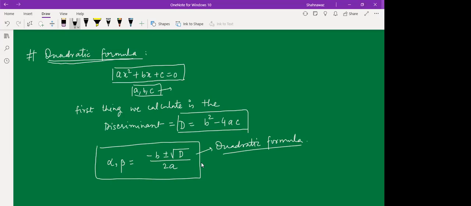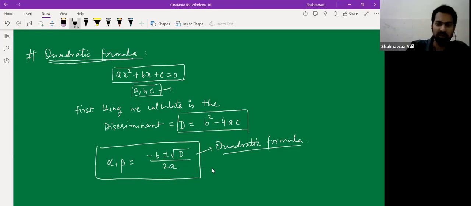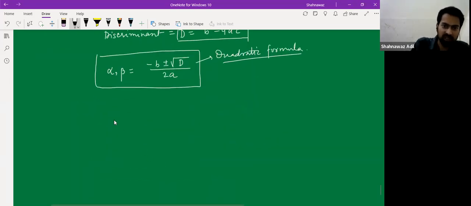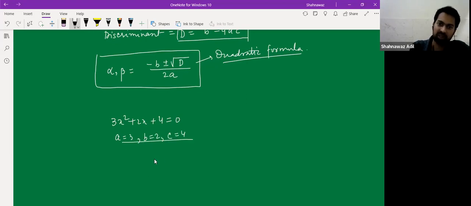Okay. So let me write that. Let us take one example. So let's say you have 3x squared plus 2x plus 4 equals 0, right? So your A is 3, B is 2, C is 4. First we have to calculate the discriminant.